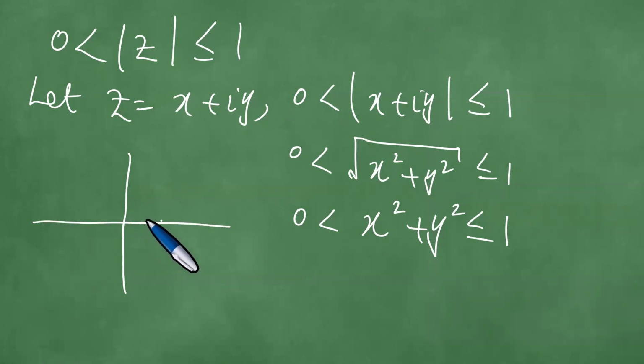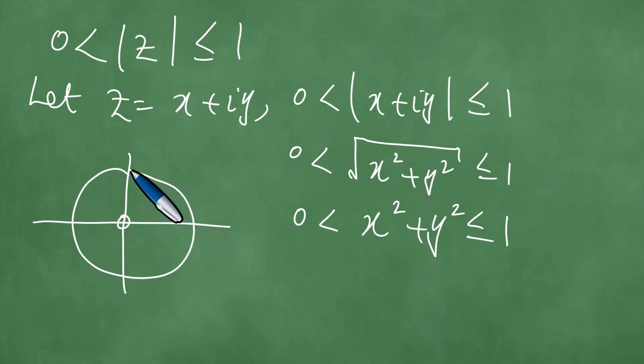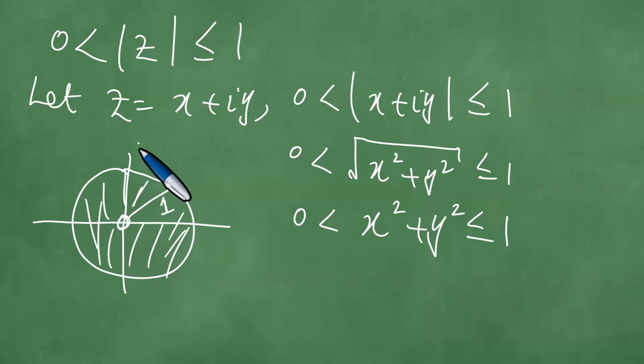It's sort of an annulus because you remove the origin, and then you take a circle of radius 1, the distance from here to here is 1 unit. We are shading the region that is interior here. Therefore this is y and that is x. So this is what we have.